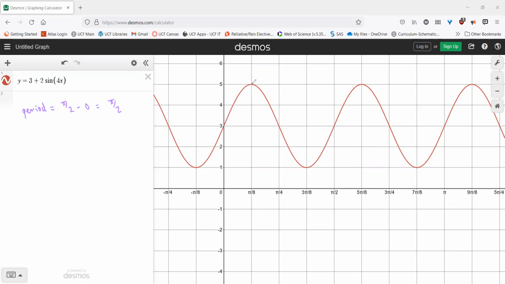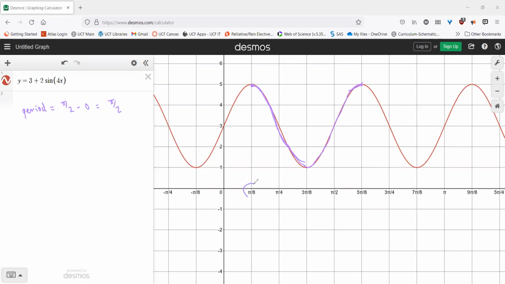Okay, so another strategy is to go from like high point to high point or low point to low point. So if I go from maximum to maximum, okay, that gives me one U, kind of like a cosine graph. Doesn't matter that this is a sine graph, it still gives us one picture. Okay, so that gives me one complete picture before it starts to repeat again.